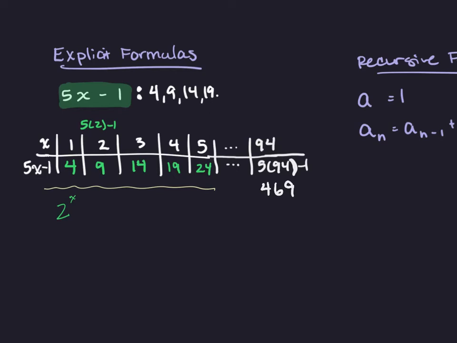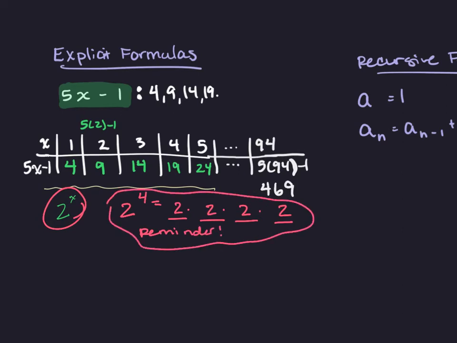Other formulas that we can have, if you guys don't recall these, if I wrote something like 2 to the 4th, that is 1, 2, 3, 4, 2 times 2 times 2 times 2. This is just a reminder, in case you've forgotten.